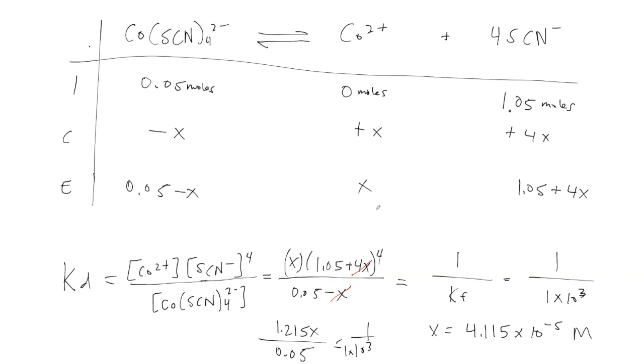And this is equal to our concentration of cobalt ions in solution that would be left over. So it's basically just a really small amount of that ion that will be left floating around in solution, but the majority of our concentration is the actual complex.